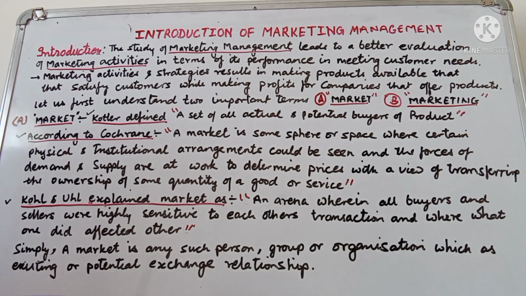So it has succeeded in changing the view that market is a place. This gives rise to two important aspects to understand. Earlier, market was considered a place where there are certain shops, sellers and buyers interacting with each other, and the exchange is taking place.